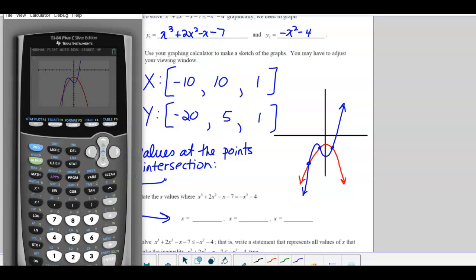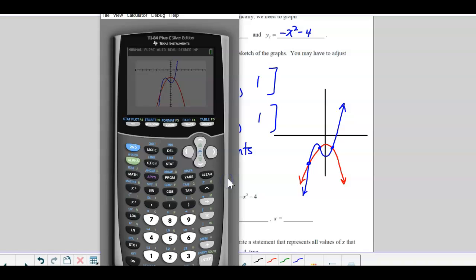So then you get out your calculator and you go second trace intersect. If you just do it right away, enter, enter, enter, it's going to go to the closest one. Again, you don't care about the y, the x is negative 1, so that's one of them. Do it again, second trace intersect. We have to go closer to another one, otherwise it'll keep giving you the same one. Enter, enter, enter, so negative 3.